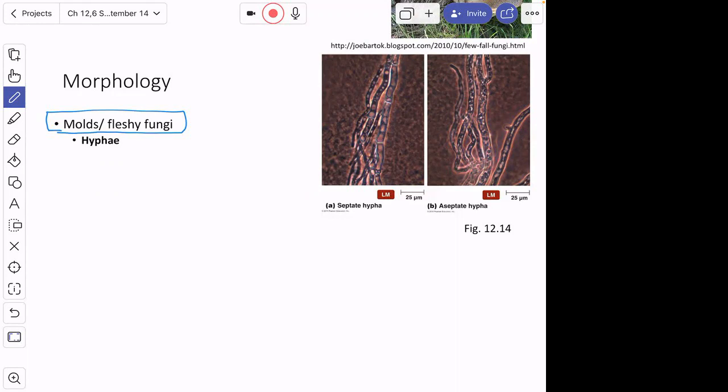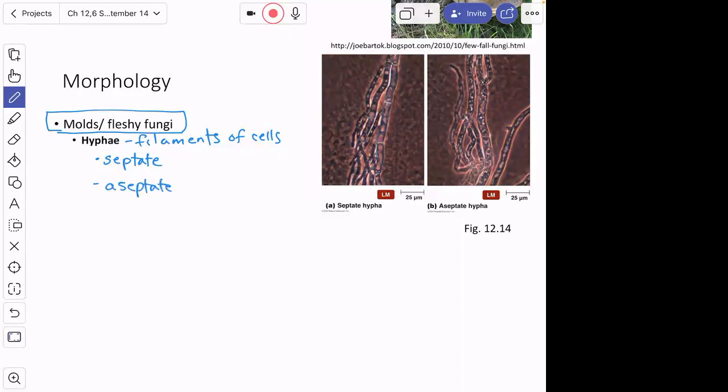So we have a little terminology in dealing with these filaments. We call these filaments hyphae, and they're just filaments of cells. And we can describe these hyphae in several different ways. They're either septate or aseptate.